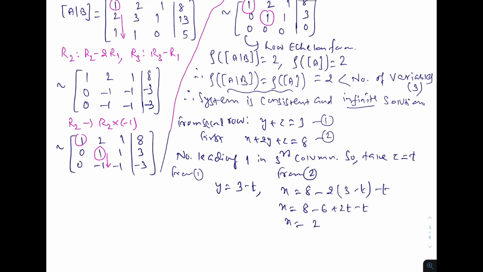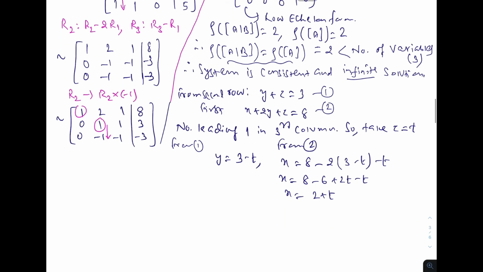So x equal to 2 plus t. Okay, and therefore the solution set is x, that is 2 plus t, y, that is 3 minus t, and z, that is t, and t is any real number.